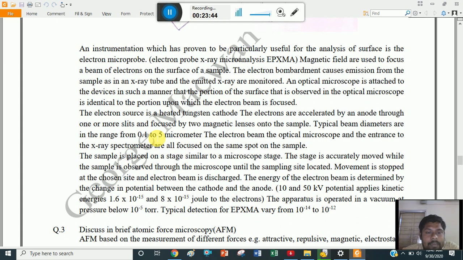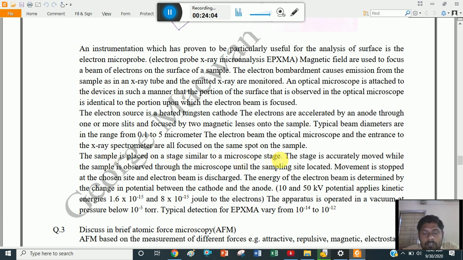Typical beam diameters are in the range from 0.1 to 5 micrometer. The electron beam, optical microscope, and the entrance to the X-ray spectrometer are all focused on the sample spot. The sample is placed on a stage similar to a microscope stage.